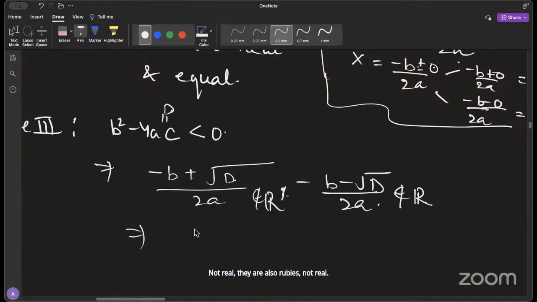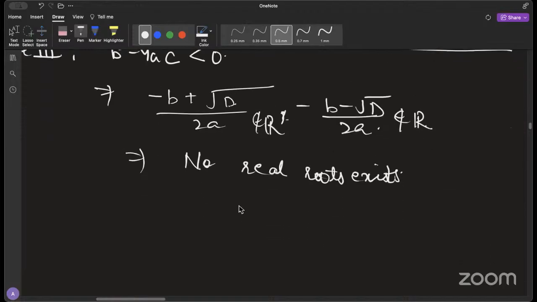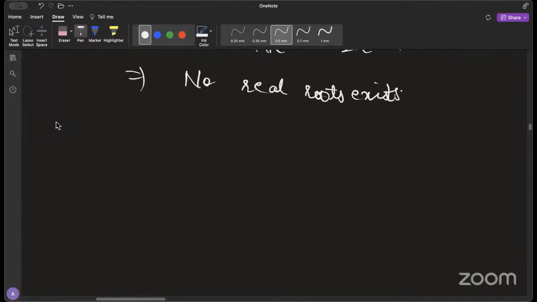So this means you have complex roots, or you can say no real roots exist. And then let's come to the conjugate pairing that we were talking about.